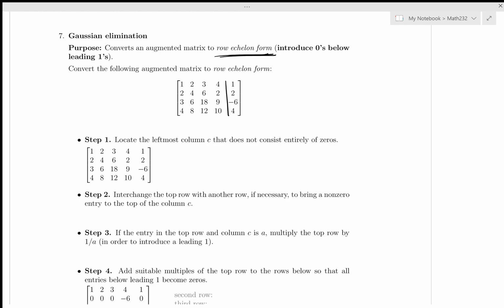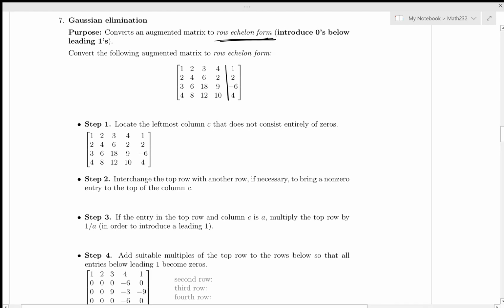But as I'm doing these row operations, let's think in terms of the system of linear equations, what it is I'm doing. Okay, so the procedure for Gaussian elimination says step 1, locate the leftmost column that does not consist entirely of zeros. There it is. Step 2, interchange the top row with another row if necessary to bring a non-zero entry to the top of column C. No, we don't need to do that.